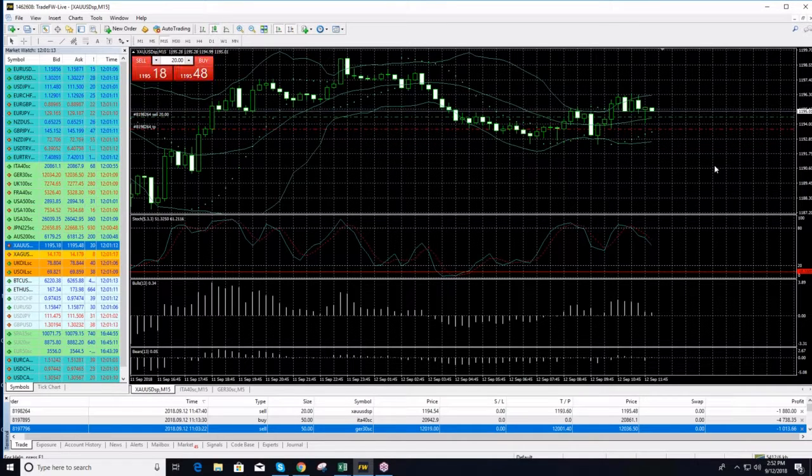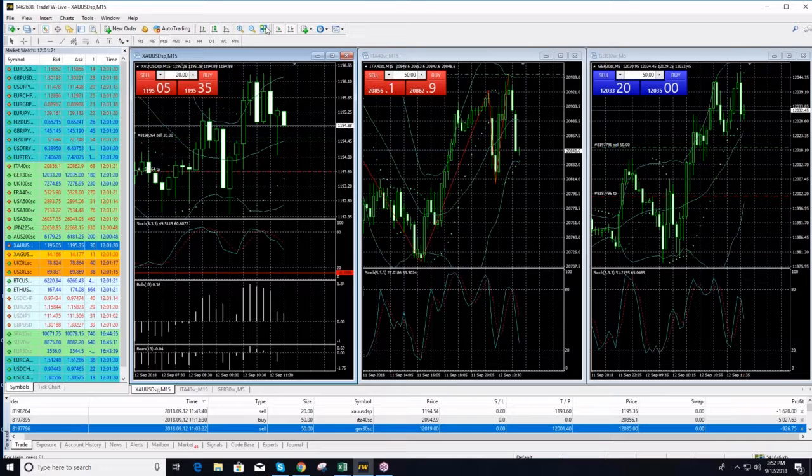So, as I said, I will observe now very closely the Italy 40 price. I'm expecting at around 20,820-ish to get again into the market and open a buy position to get the move up here.